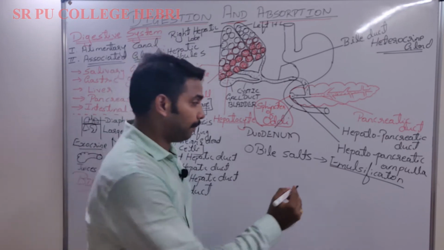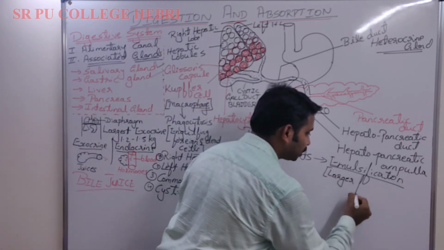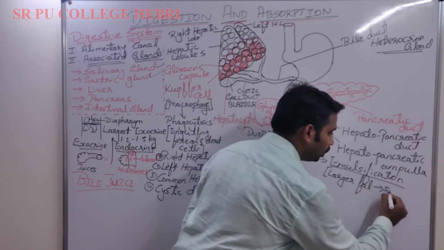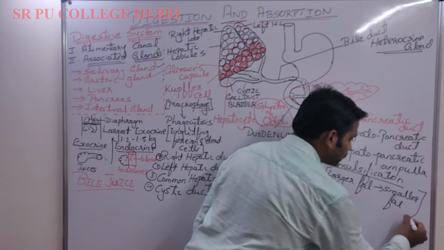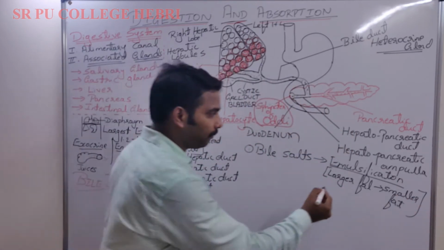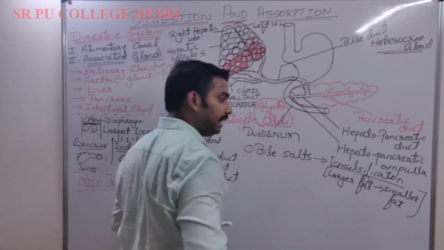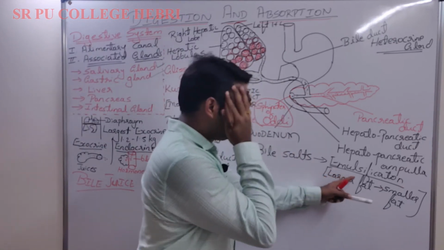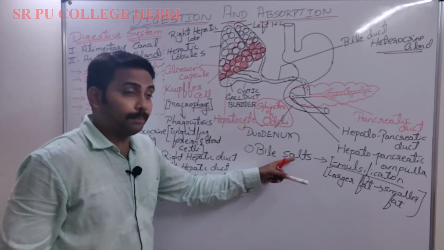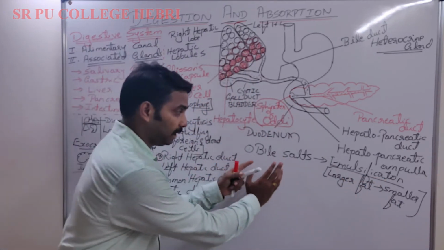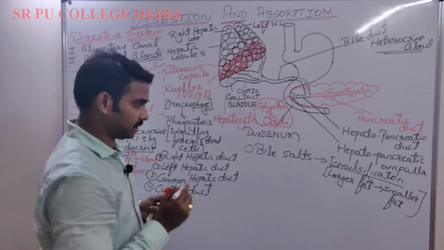The process of breaking down larger fat or lipid into smaller fat. This process of breaking down is called emulsification, which is helped by whom? Bile salt. Please note, it is not an enzyme, it is a salt that helps in this process.